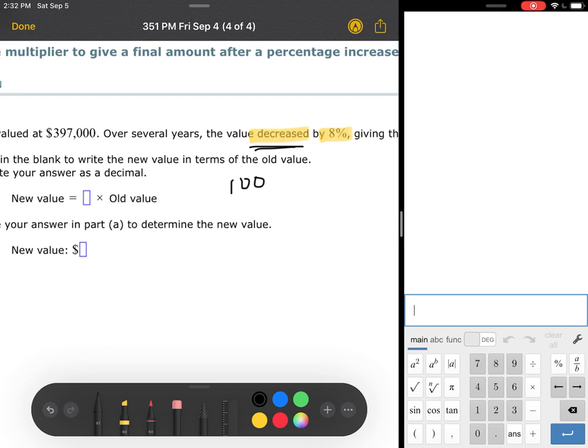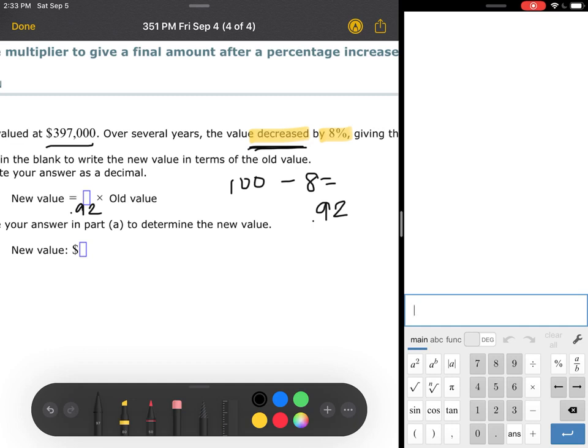So if it says the new value is what percent of the old value, if it decreased by 8, what percent do you have left? I have 92. I have 92% left. So this is the old value, and the new value is 0.92 times the old value.